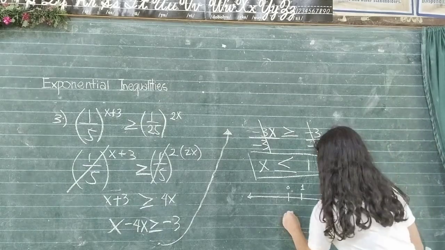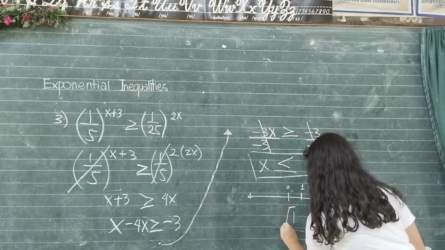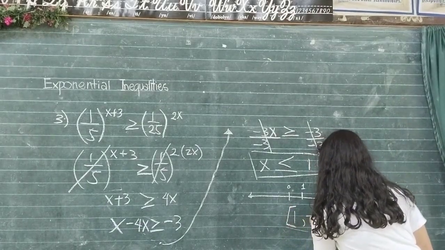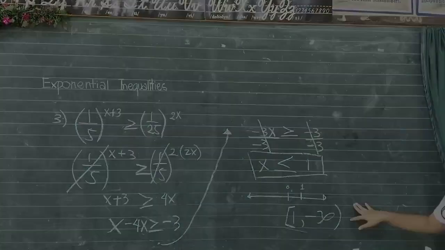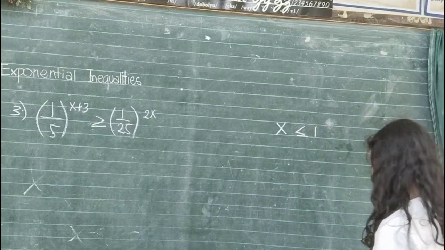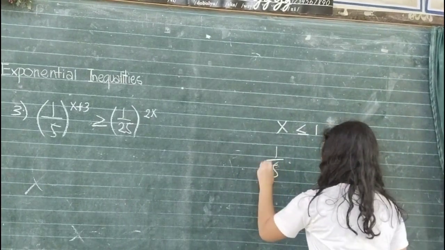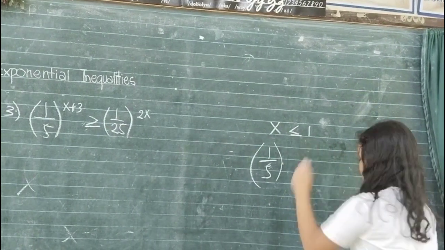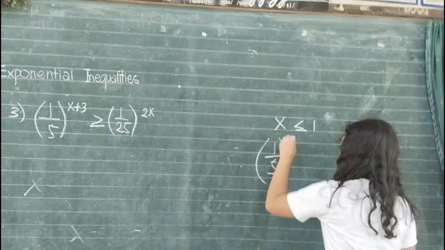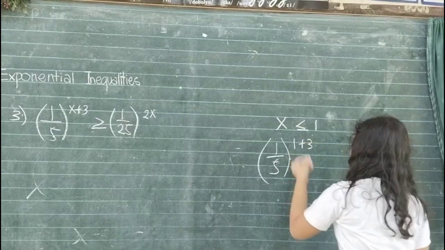So, 1 and negative infinity. So, let's perform the checking. 1 over 5, then we replace the x with 1. So, it becomes 1 plus 3.